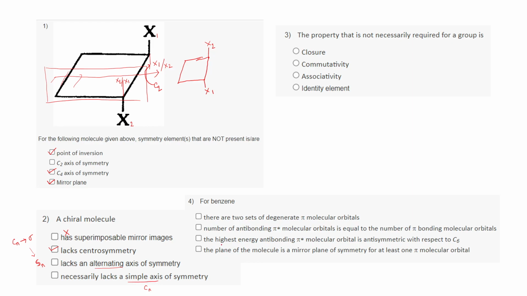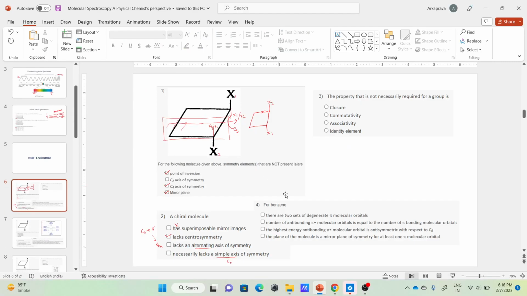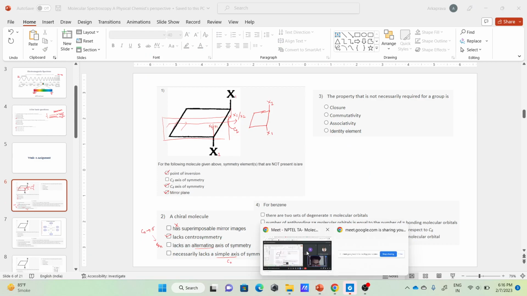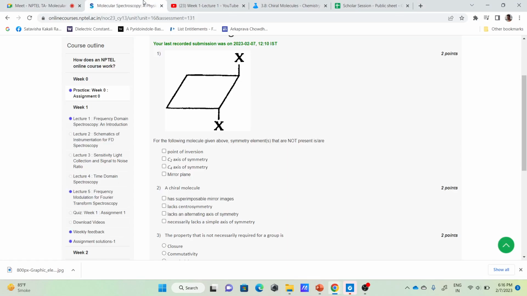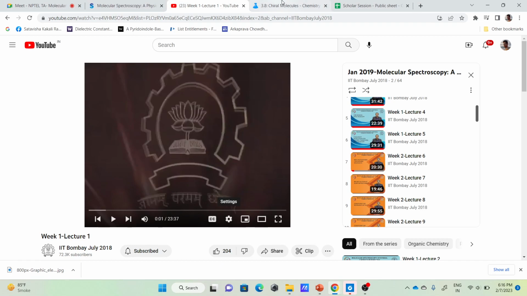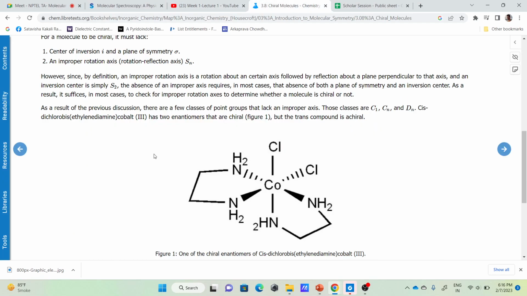Actually, no. Let me show you a chiral molecule. I will take the help of Google and show you here. Can you see my screen? Can you see this molecule? A cobalt complex. Yes. So this is actually a chiral enantiomer.